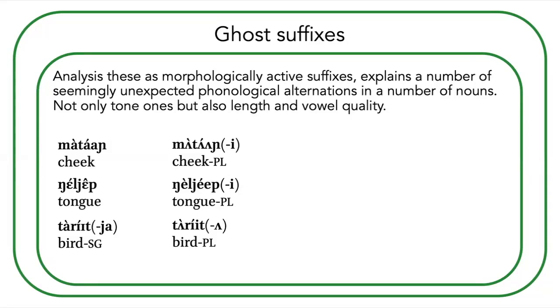There's also other types, not only E. We get the pair for bird and birds, which has a ghost suffix both in the singular and the plural. And the plural suffix changes the ATR specification.